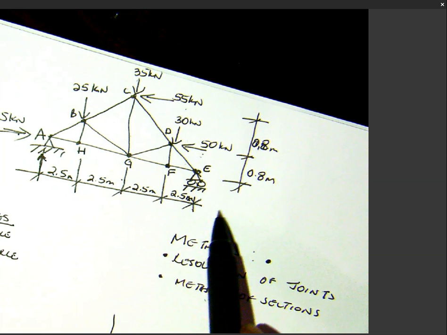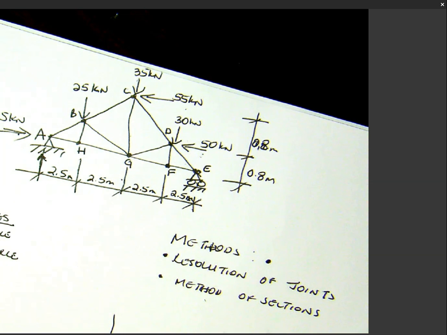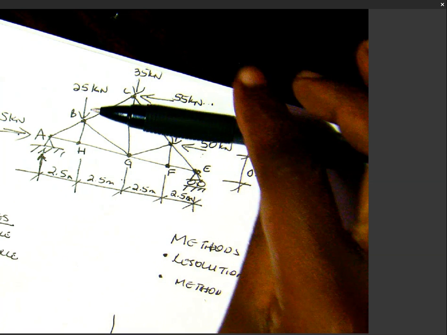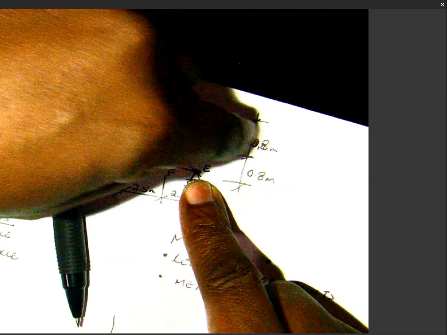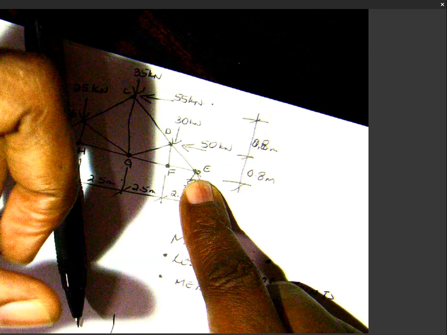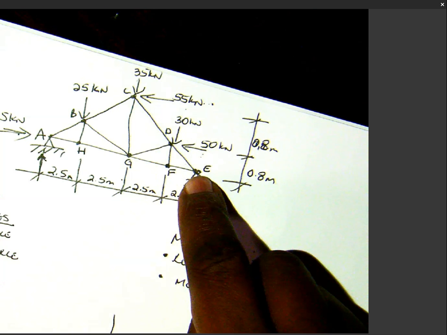Now I've got this 55 here. This 55 is applied there. There's point E. So it's rotating also in the anti-clockwise. So it's 55. What is the perpendicular distance from 55? Is that distance.